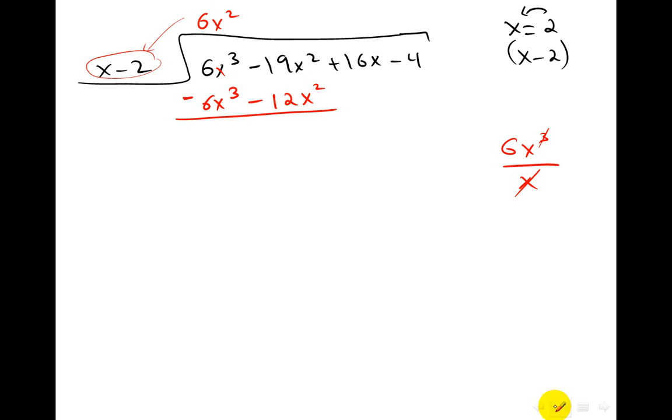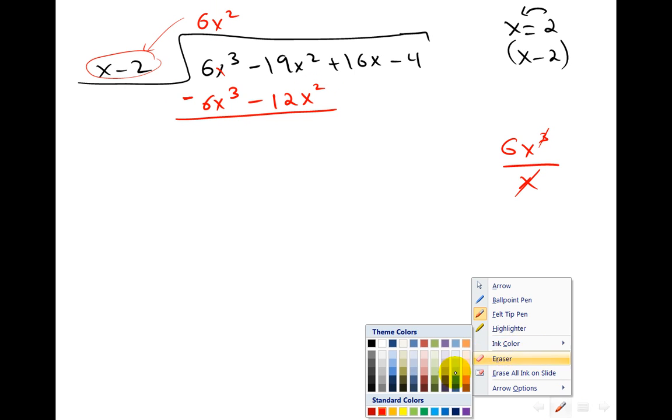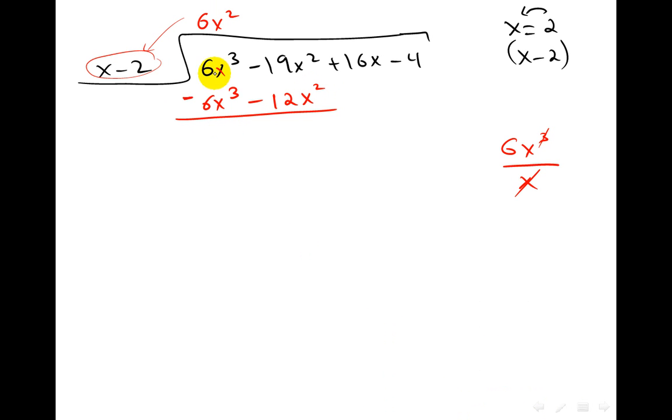Again, subtract. Once you subtract, 6 minus 6 will be 0. So negative 19 minus negative 12, please don't forget this negative sign, will be minus 7x squared. Now take down the plus 16x.